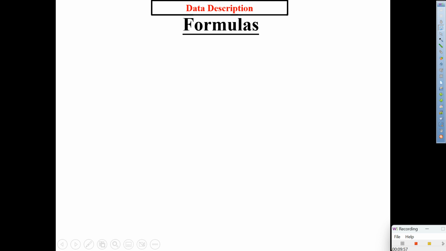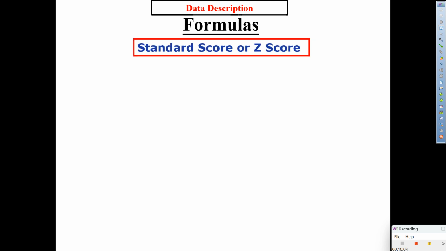Right underneath that, I want you to write formulas. Today we're going to focus on the formulas for standard score or z-score. One of the things that I love about this course is refreshing our noodle in regards to the different terminology and the different symbols so that we remember what they are.